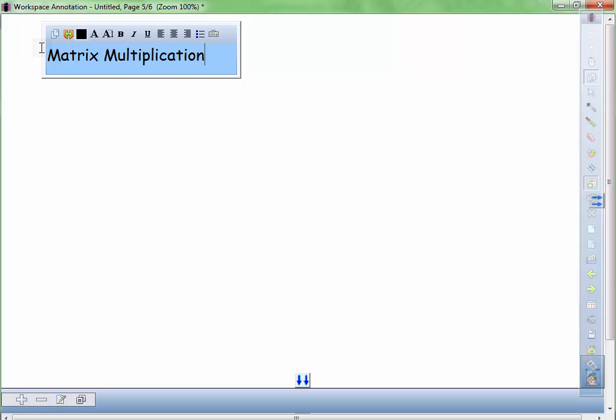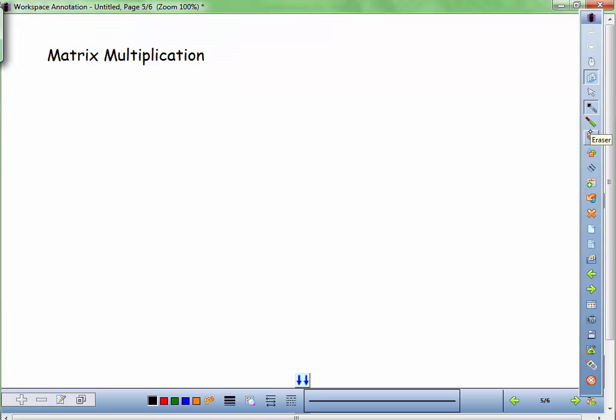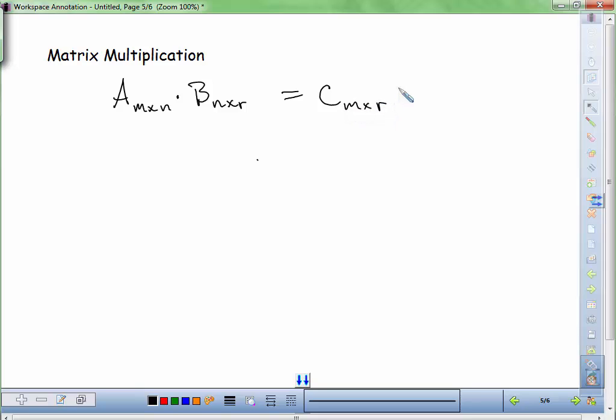Matrix multiplication. What is it? A is M by N and B is N by R. And if you multiply these two things, you would get another matrix, which is an M by R. You asked about the dot product being commutative, but I think a more interesting question is whether matrix multiplication is commutative.